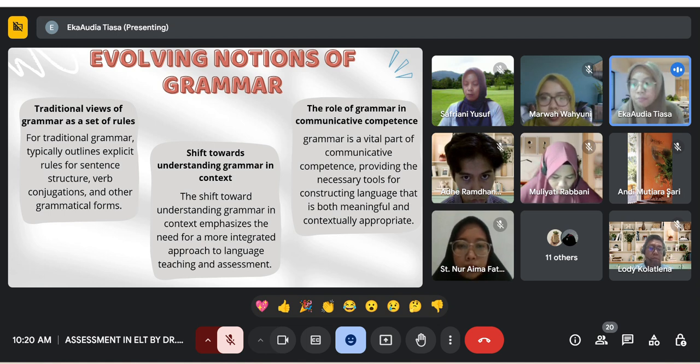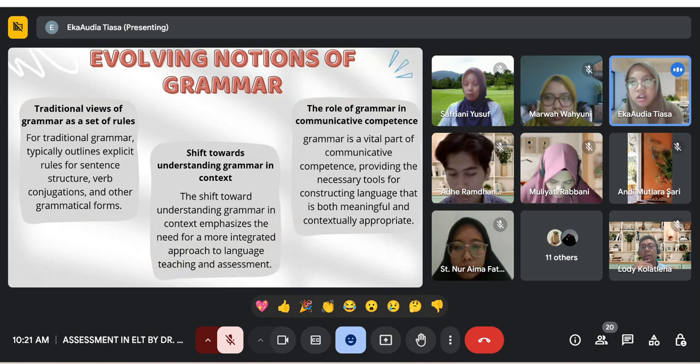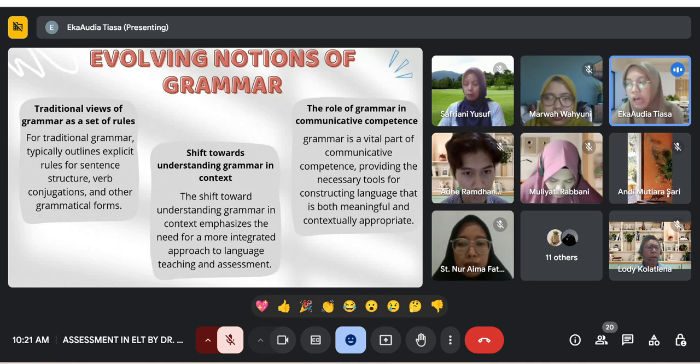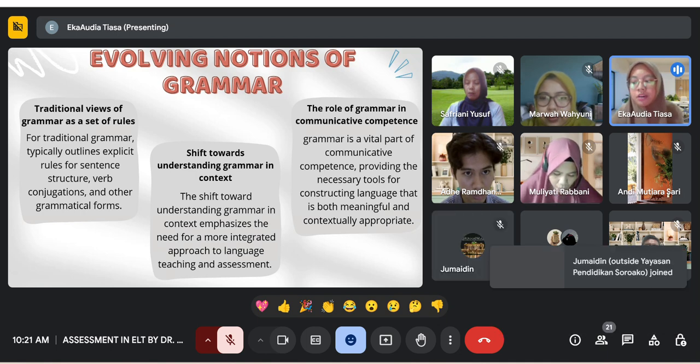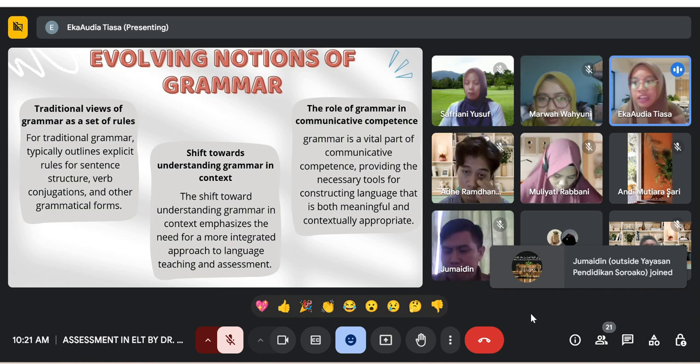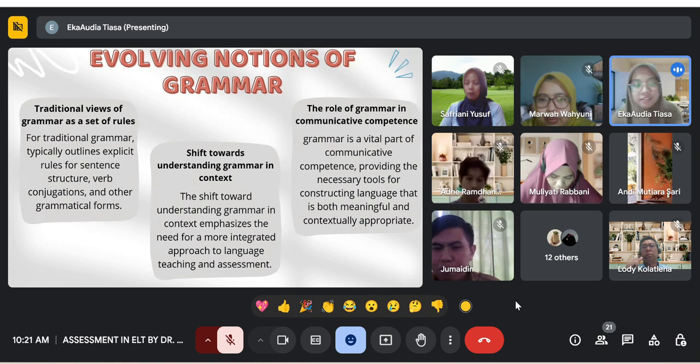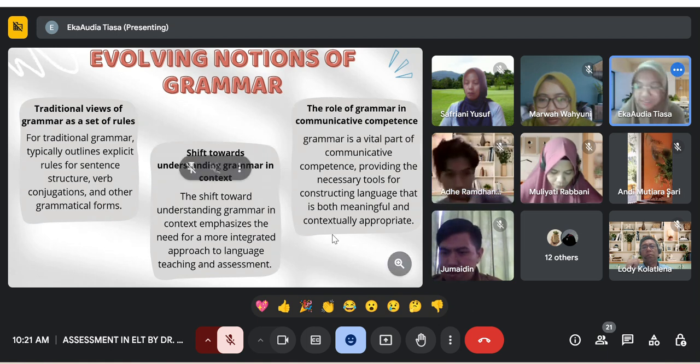A strong grasp of grammatical rules allows individuals to manipulate sentence structure, verb tenses, and other linguistic elements to articulate their ideas clearly. And for the second, grammar works alongside pragmatic knowledge, which involves understanding the social context and language nuance.